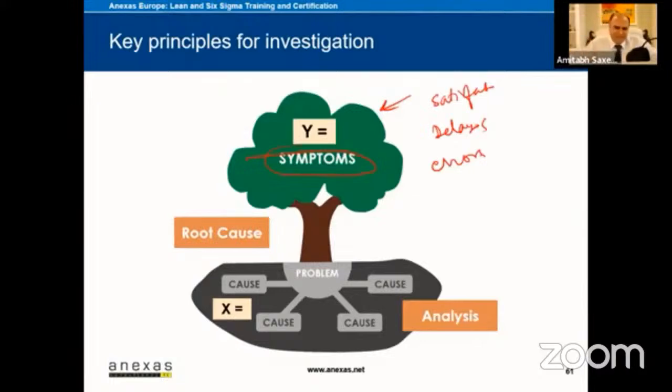He measures the temperature and finds you have 37.5 degrees Celsius, or 101.5 Fahrenheit, whatever it is. And he says something is wrong with you. But he doesn't treat the symptom. He finds the root causes. He does a blood test, collects the data, takes an X-ray, and finds the root cause, and he gives a medicine for that particular root cause.